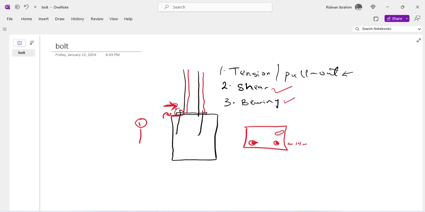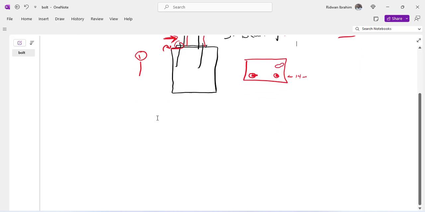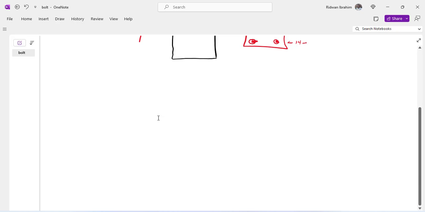So basically, this is just going to cut across these three failures, which are the pullout, the shear, and the bearing. All right, so in the last episode we were able to make our analysis of the base plate.